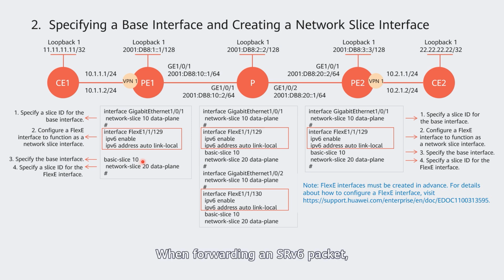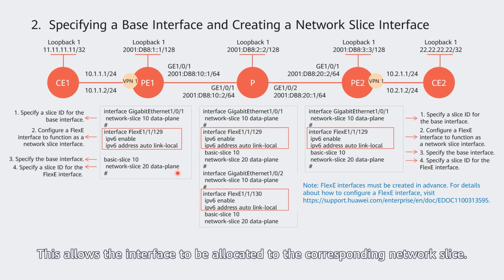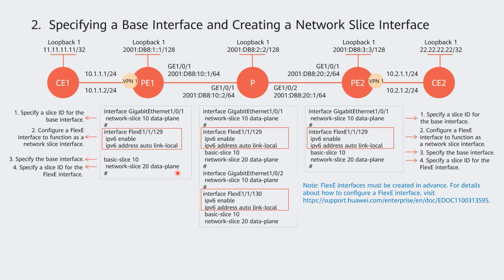When forwarding an SRv6 packet, a device searches the network slice interface group corresponding to the outbound interface for the network slice interface that has the same slice ID as that in the HBH. Finally, run the network slice 20 data plane command to specify a slice ID for the Flex-E interface. This allows the interface to be allocated to the corresponding network slice.